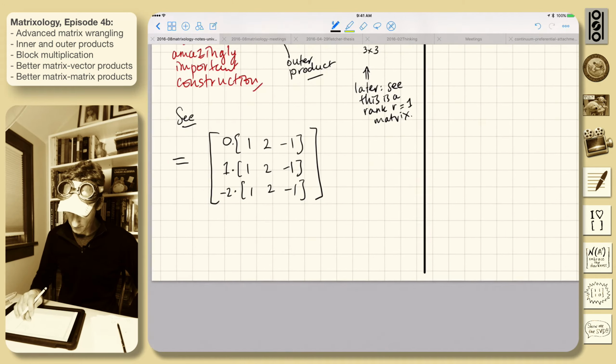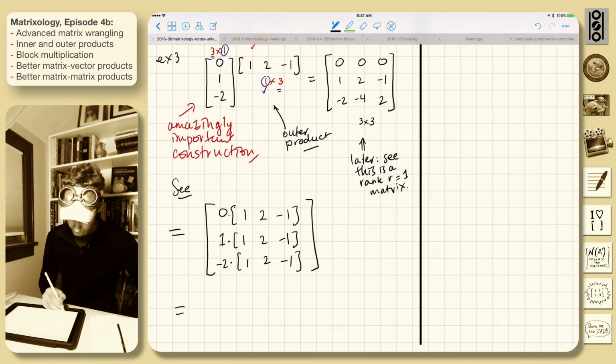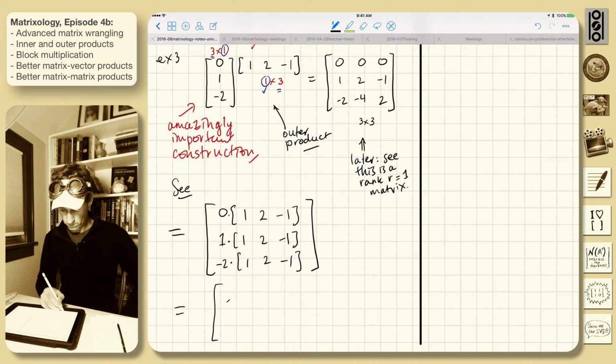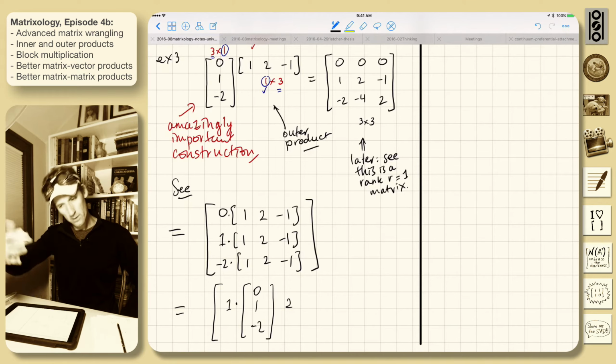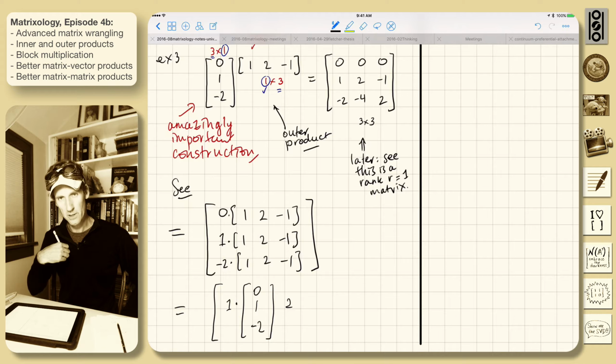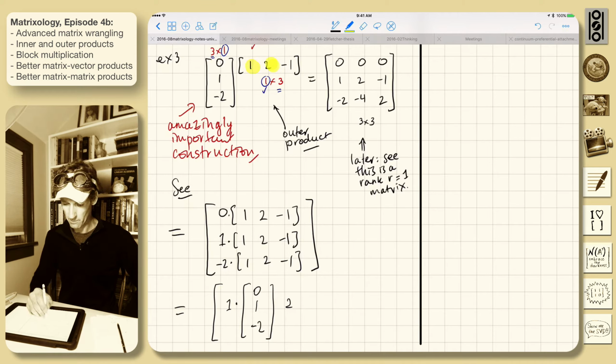Math is full of inception type things. And we can do it this way: 1 and 0, 1, minus 2. You can skip all those little dot products. Just take that row, copy it, and multiply by 0, 1, minus 2. Or take that column, copy it, multiply it by 1, 2, minus 1.